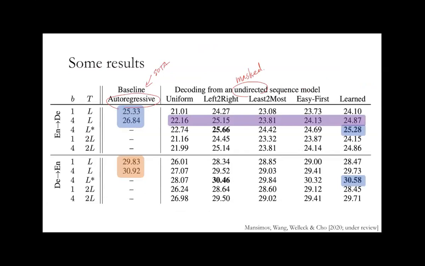And then depending on what kind of coordinate selection, or the strategies for selecting the order, you choose, the difference is actually pretty large across them. So you need to really learn to do that really well. And then this learned model, which is using a policy gradient, or the reinforcement learning, works almost optimally. And then it does not require us to choose the order ourselves.